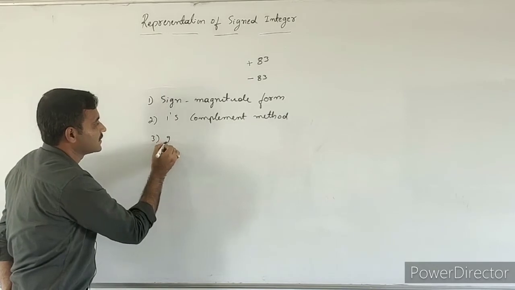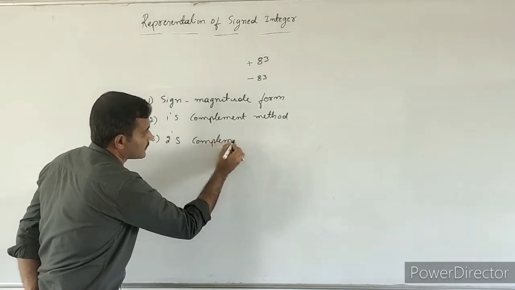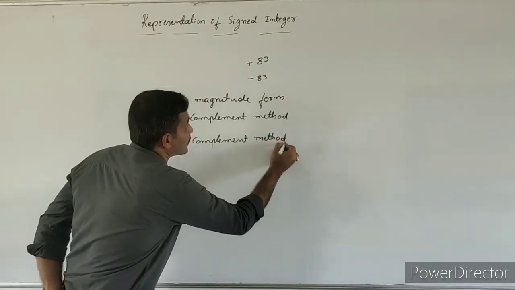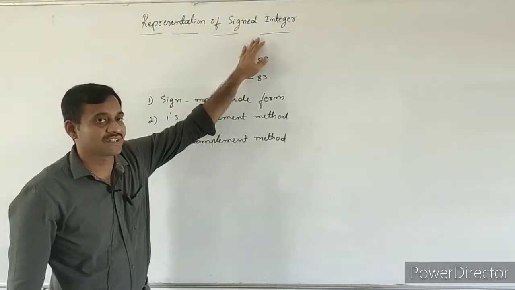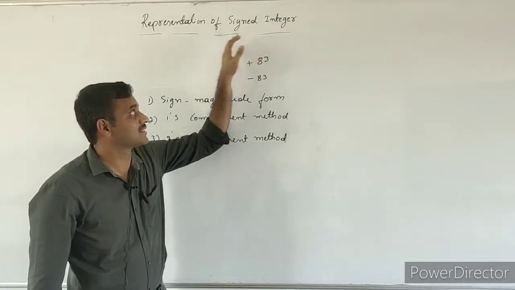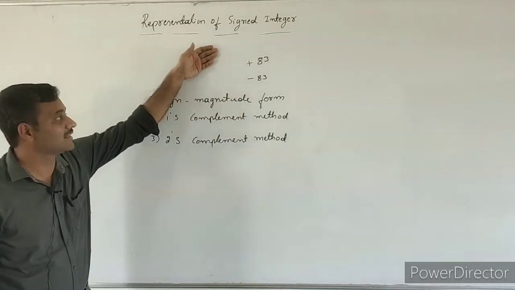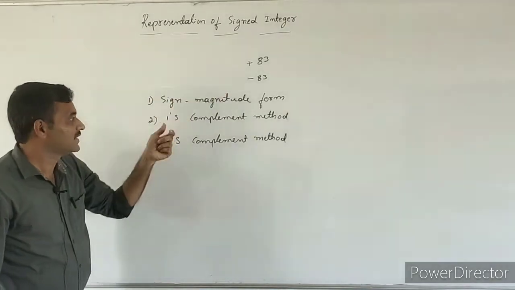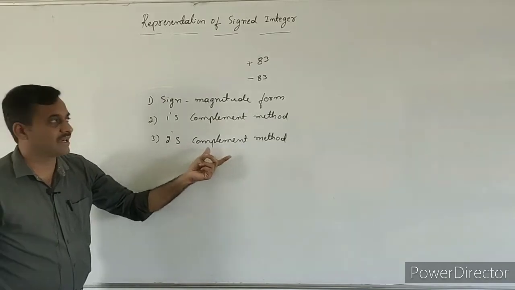The third one is two's complement method. Here we discuss only the representation of binary integer numbers. Sign magnitude form, ones complement method, and then two's complement method.